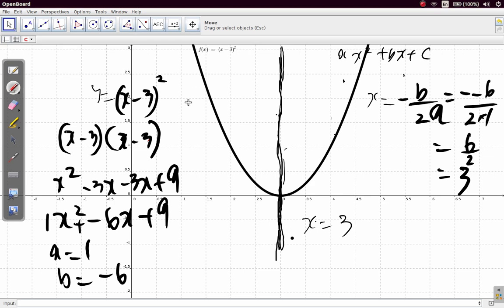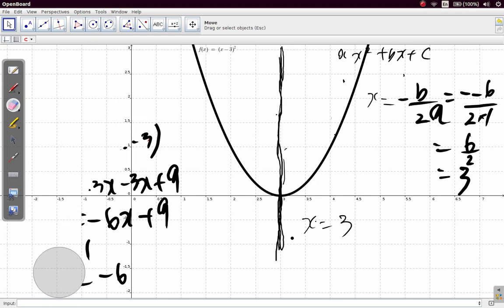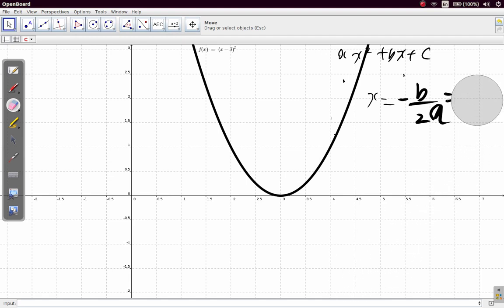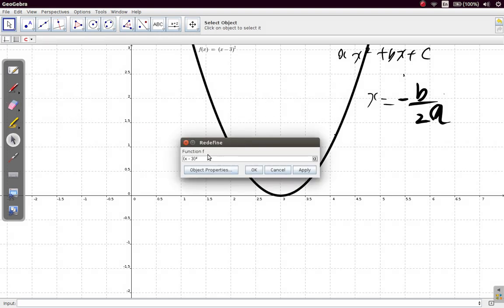Now, let's modify it again to get a new graph and a new axis of symmetry and see if we can calculate it again. Suppose we make this x minus 3 squared plus 1.